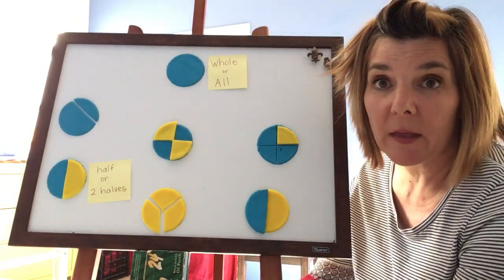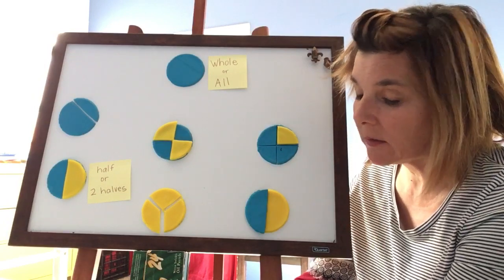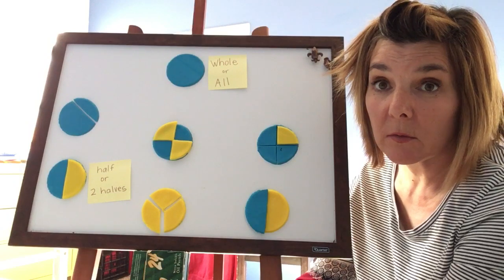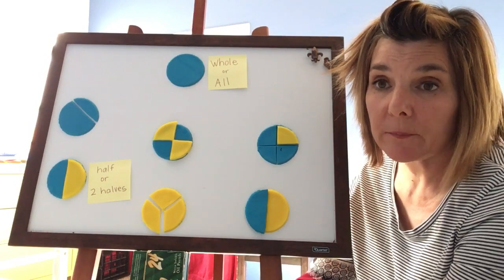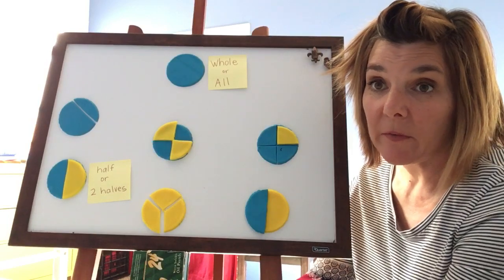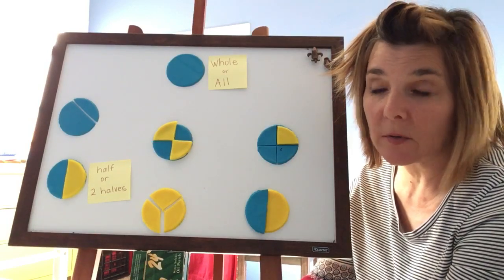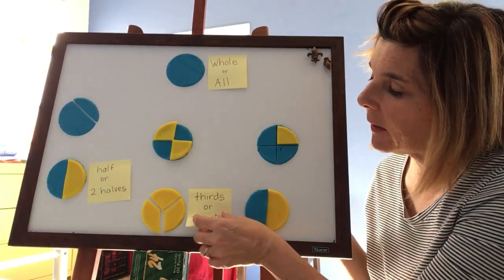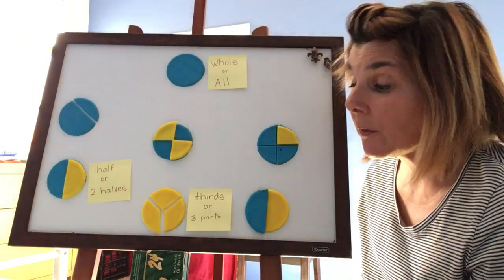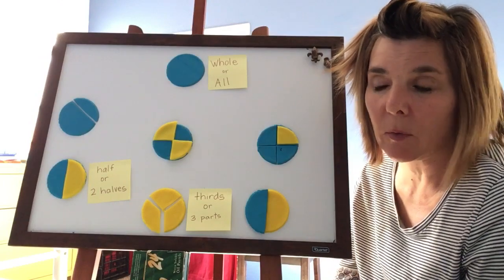How about thirds? Do you see one that I could describe as having 3 equal parts? Or thirds? I'm going to let you find it. Find a shape that has 3 parts. I think you found it. This circle has been divided into thirds, or 3 equal parts.